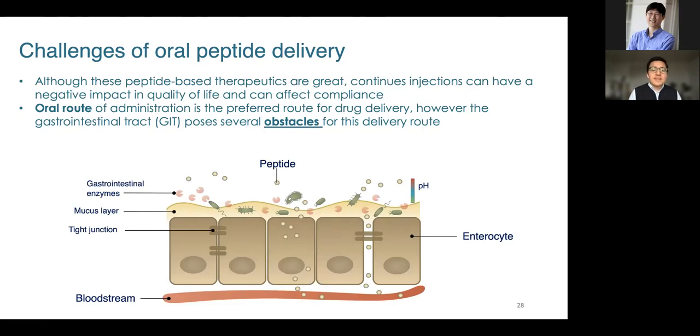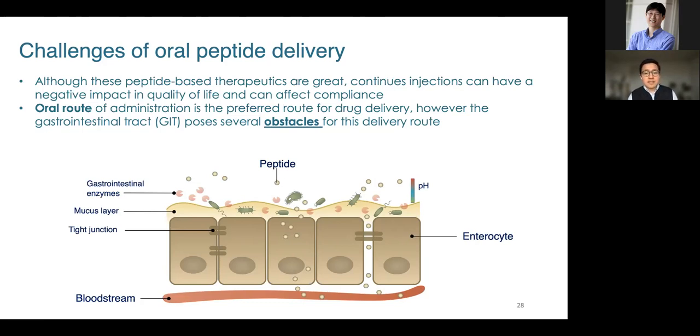In addition, there are different enzymes that can degrade your peptides, plus the enzymes produced by different microbes that can also degrade your peptides. So in general, it's not that easy to deliver peptides orally, and that's why, previously, drugs like exenatide and liraglutide were mainly injected.